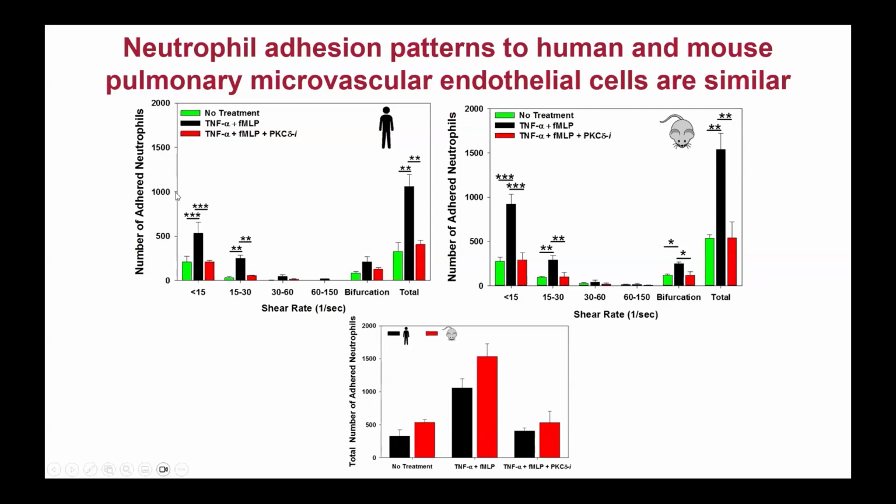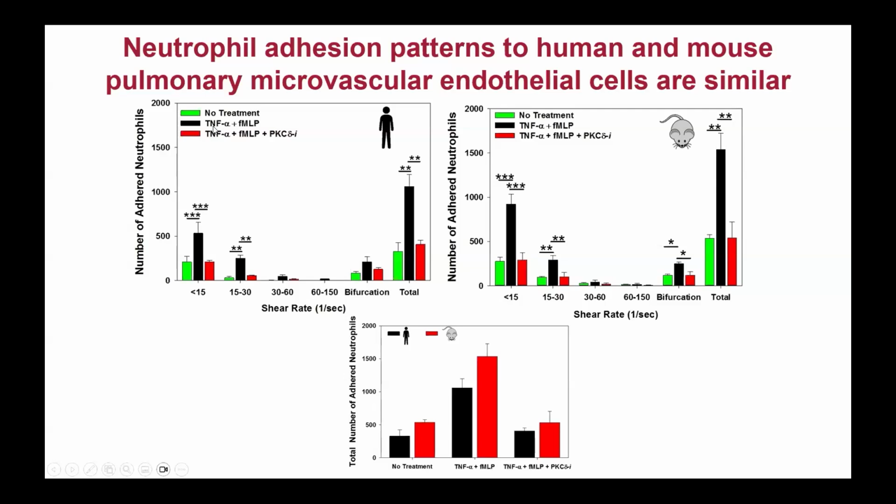And here is an example of this. First of all, on the x-axis, these are different shear rates representing different vessels, essentially. So we have vessels with low flow, medium flow, and higher flow. And then we can also look at bifurcations. In the case of human, you can see that with no treatment, there is a low number of adhered neutrophils.